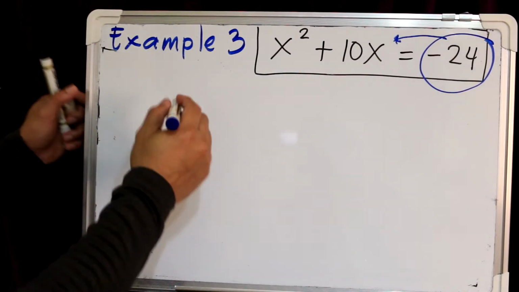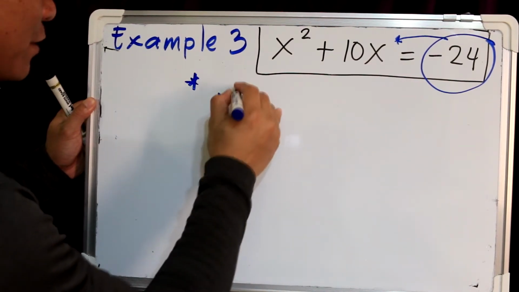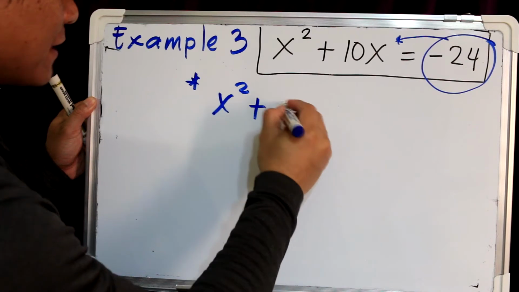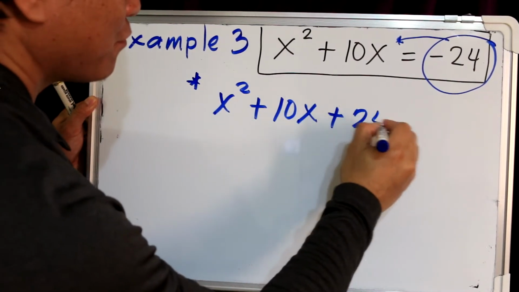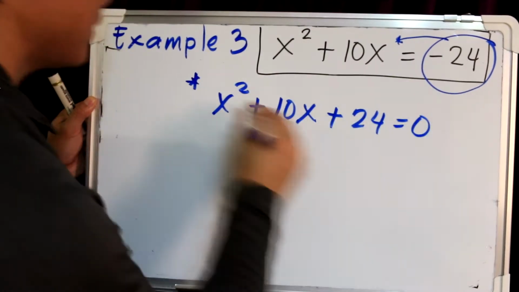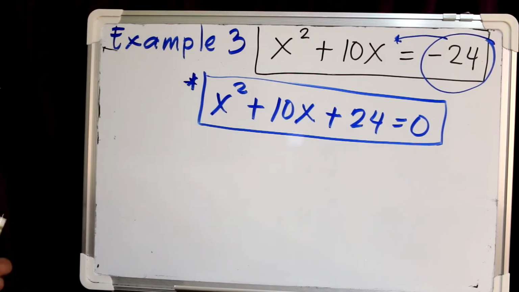So this becomes now x squared plus 10x plus 24 equals 0. Then we will use this instead to solve for x in the quadratic equation using factorizing.